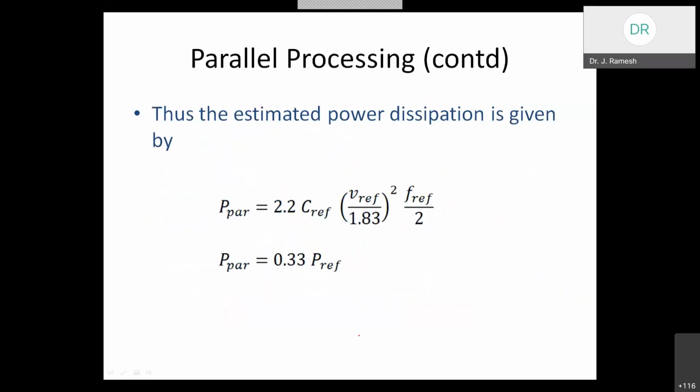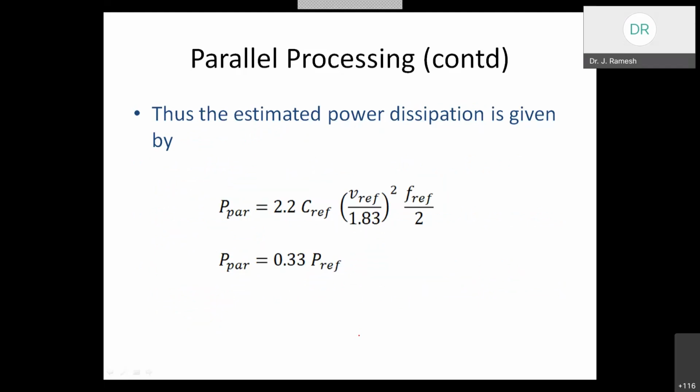So substituting into the power consumption of the parallel architecture, C reference will be 2.2 times C reference, V reference will be divided by 1.83 and squared, and F reference will be divided by 2.